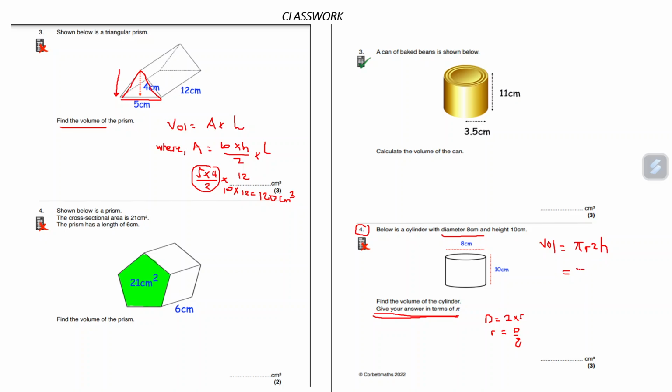So that will be pi times, our diameter is 8 divided by 2, that will be 4. So that will be 4 times 4 times, what's our height? 10.